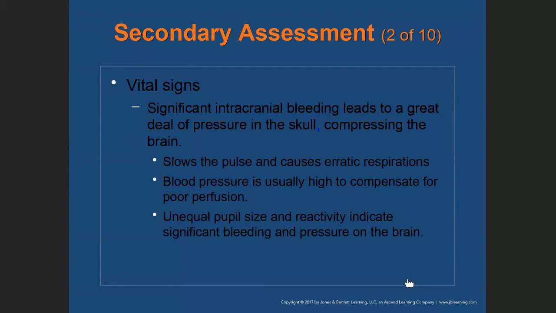Remember your Cushing triad: bradycardic pulse, elevated blood pressure, irregular or slow breathing. Blood pressure is usually high to compensate for perfusion, and the patient might have unequal pupil size and reactivity. This will indicate severe or significant bleeding or pressure building up on the brain.